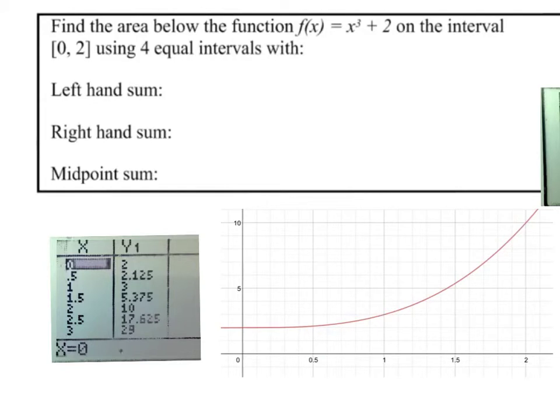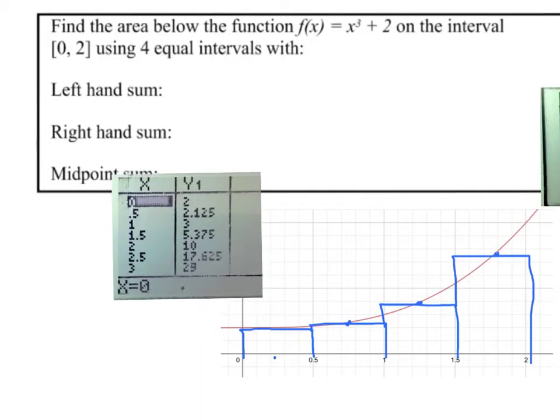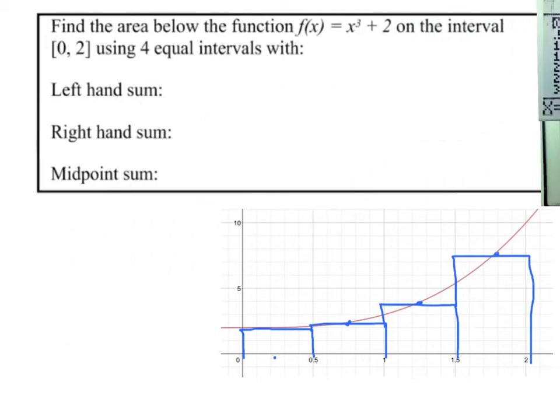Finally, the midpoint sum, we would let from 0 to 0.5, 0.25 set our height. From 0.5 to 1, we'd let 0.75 set our height. Here we'd let 1.25 set our height. And here we would let 1.75 set our height. Now I think you can see this is the best estimate, and you don't really need to think about over or underestimate with midpoint.